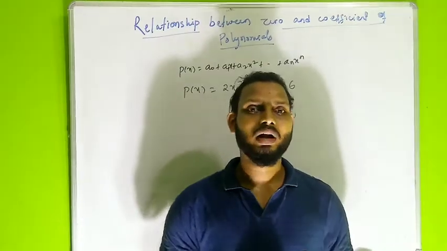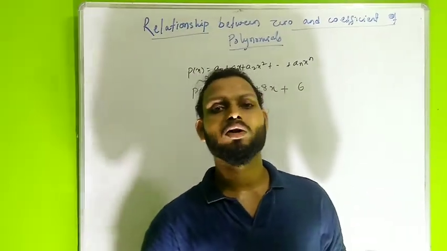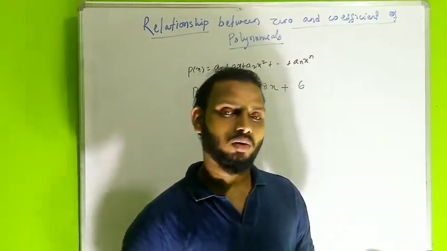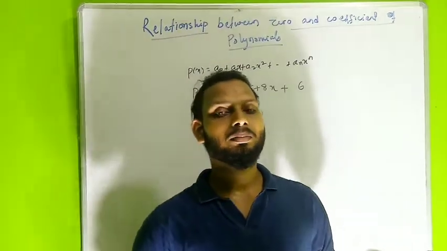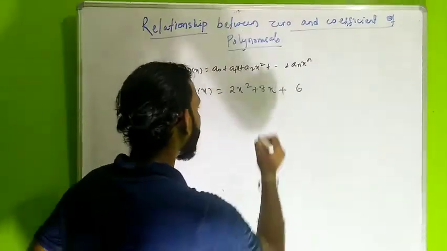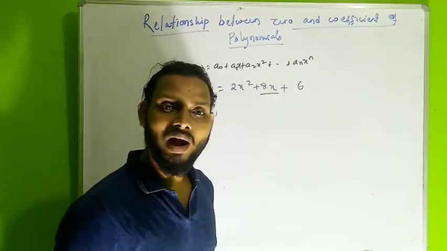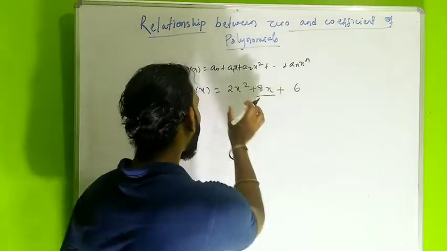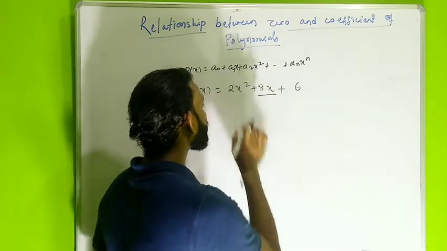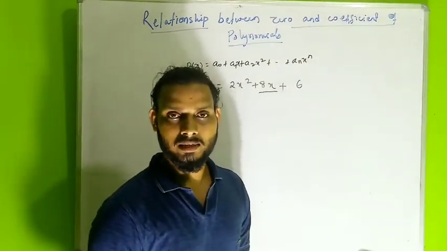So here these are my quadratic polynomials. How to solve that? As you know, the middle term factorization method says I have to split this middle term into two parts such that the product of these two parts will be equal to 2x squared into 6.